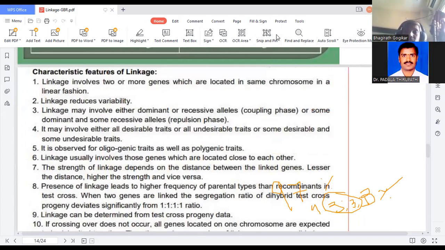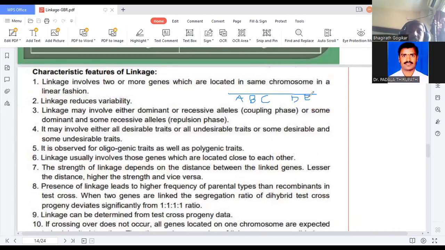So if this is the chromosome, A, B, C, D, E are the different genes. These genes are arranged in a linear fashion, and we can see the linkage phenomena between A and B, A and C, A and D, like that.